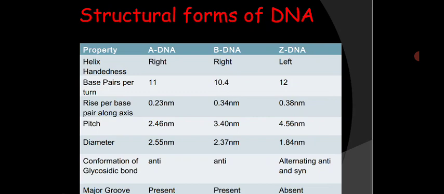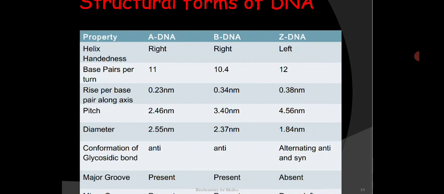Diameter of A-DNA is 2.55 nanometer, B-DNA is 2.37 nanometer, Z-DNA is 8.84 nanometer. Conformation of the glycosidic bond, which is present between the sugar and the nitrogen bases: A-DNA has anti conformation, B-DNA has anti conformation and Z-DNA has anti and syn conformation.